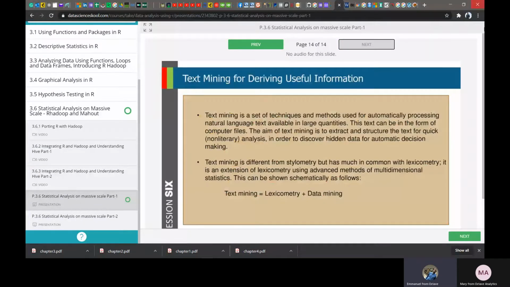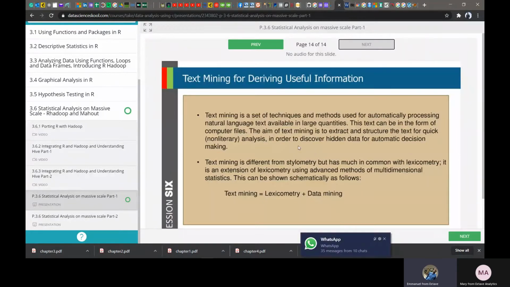Text mining for deriving useful information. So what is text mining? It's a set of techniques and methods used for automatically processing natural language text available in large quantities. Underline that phrase, available in large quantities. It's also equivalent to saying data mining. This text can be in the form of a computer file.